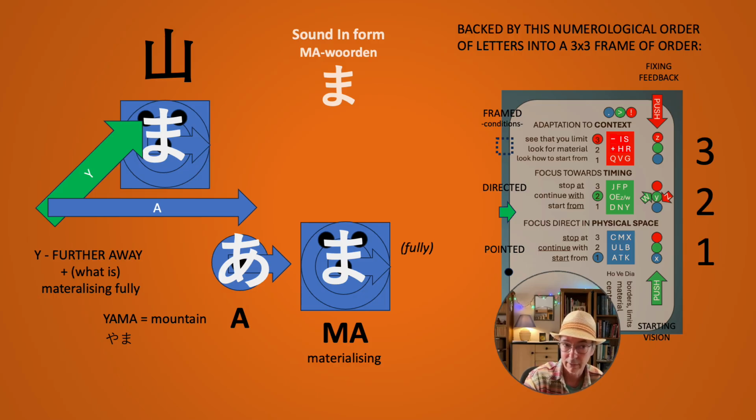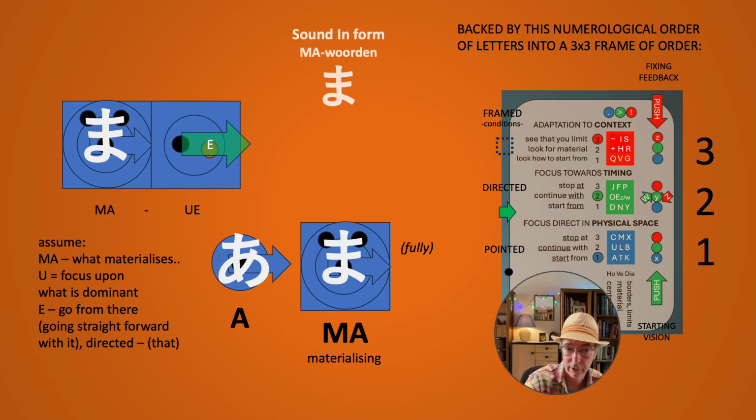Yama means mountain, and indeed you have it going further away with the Y, where you have a materialization process, so the growing of the mountain quite far away. So that can be understood from there, and even the character itself also says, okay, in my frame something is growing up, and there is the mountain.